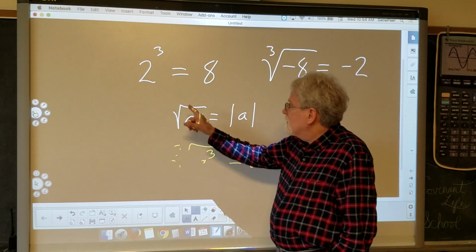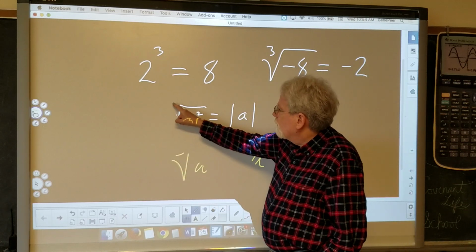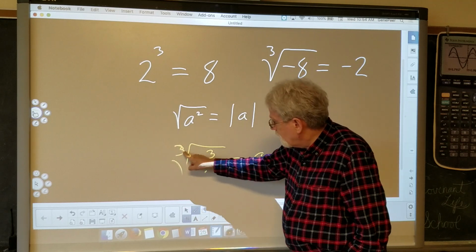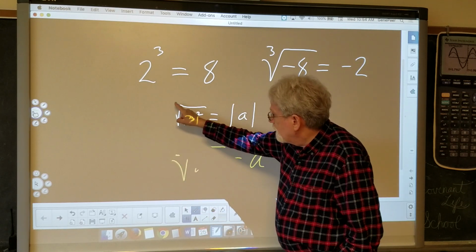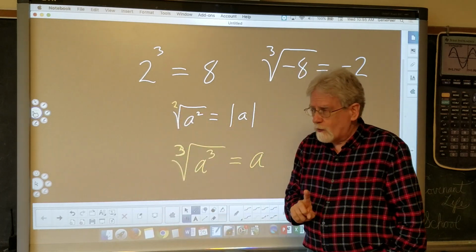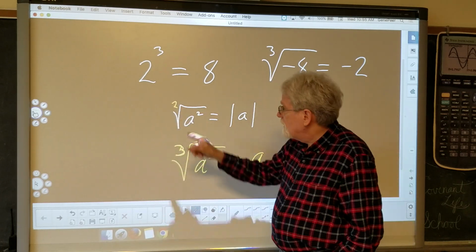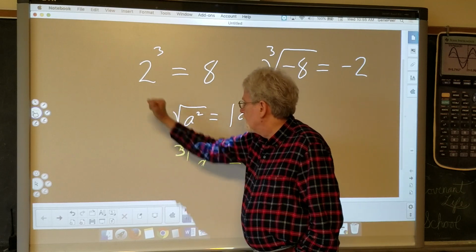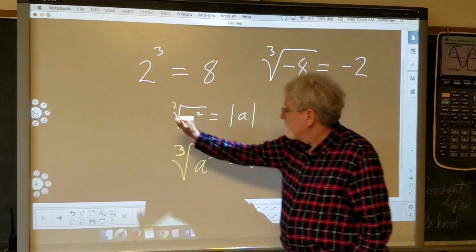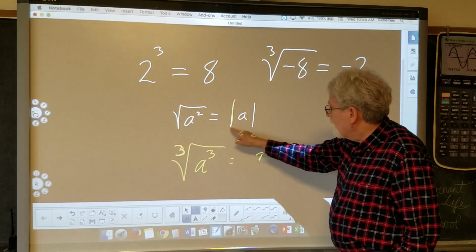By the way, here there is an invisible index. Here the index is 3. Here the invisible index is 2. If there's no index shown, it's understood to be a square root. If your index is even, then you need the absolute value.